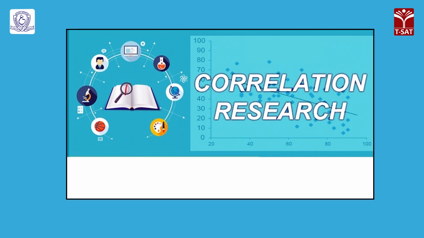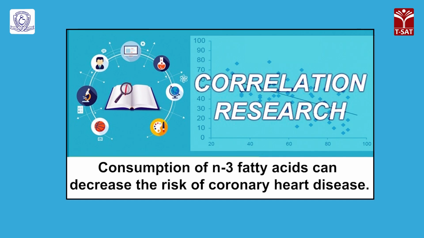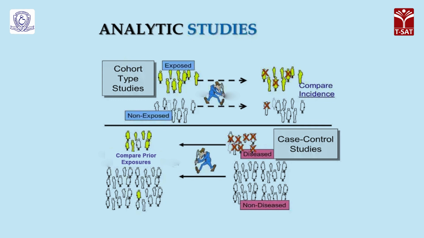For example, correlation data can raise the hypothesis that consumption of omega-3 fatty acids can decrease the risk of coronary heart disease. Testing this hypothesis would require the design and conduct of analytic studies among individuals, which would account for the effect of other risk factors. We will learn more about analytical studies in the coming chapters.